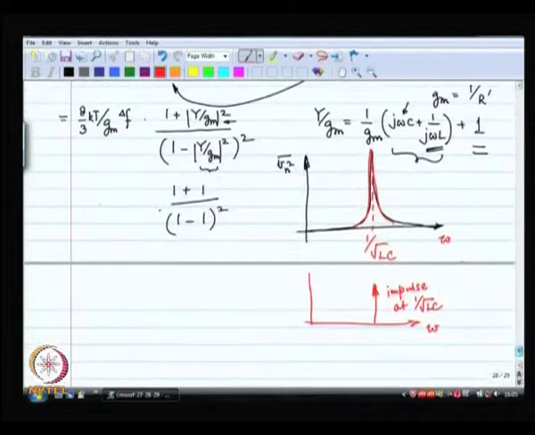Losses in the inductor means that you have got noise over there. Anything which is lossy will have noise, right. So, this is what we have got. We have got a system which will show a response like this.